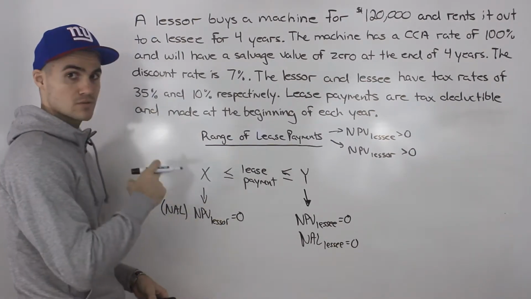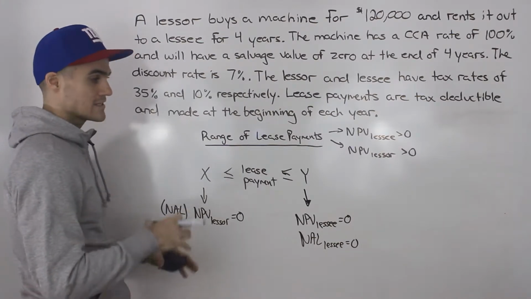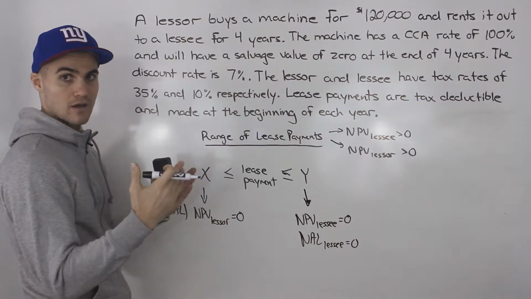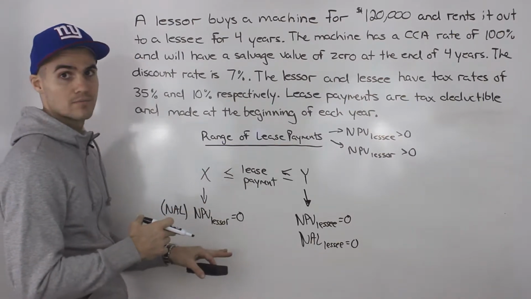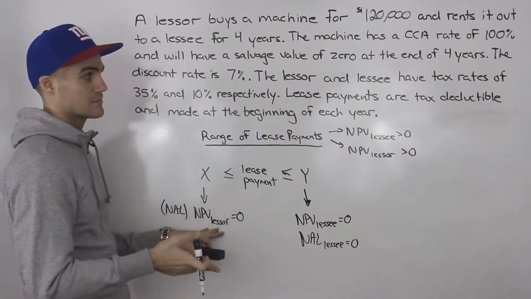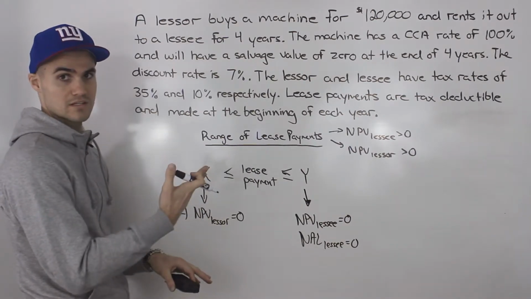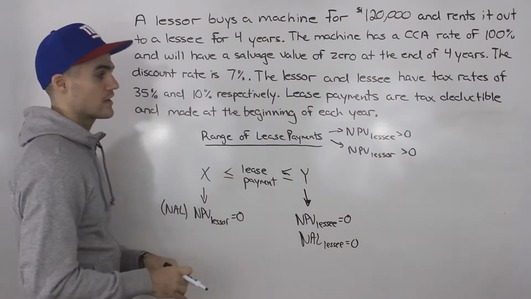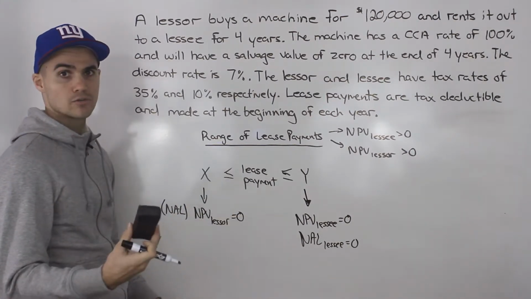Now, in the previous two examples on leasing timing differences, we had to use an Excel file. We had to find these break-even lease payments manually. And that's why I mentioned at the beginning of this video that the only way to solve this question is with an Excel file. We're going to have to find those break-even payments for the lessor and the lessee manually as well.